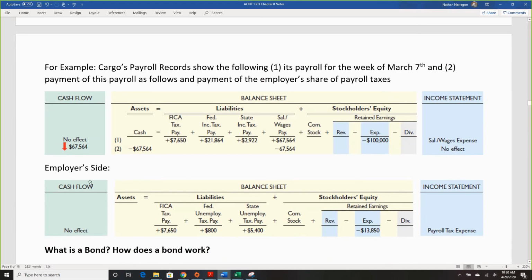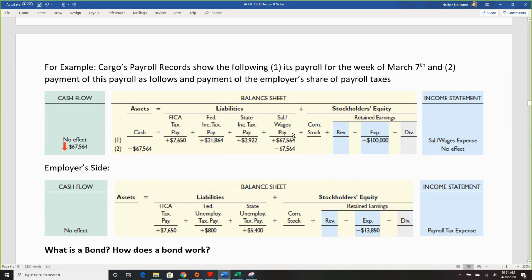We look at the first one right now, the salaries and wages being accounted for. So we know we have to pay FICA of $7,650. Federal, we're going to pay because these are payables, $21,864. State, we're going to give the state government $2,922.